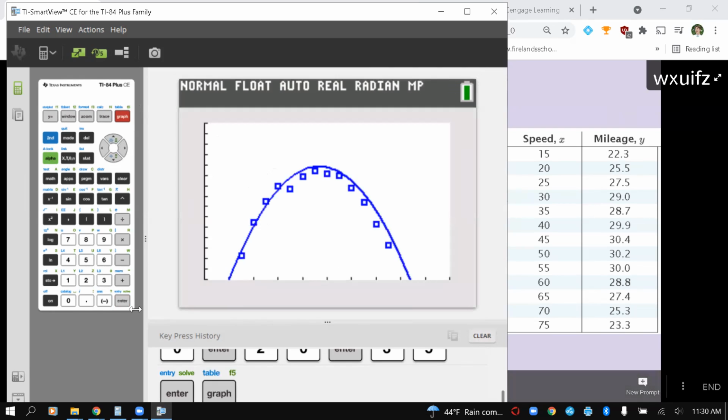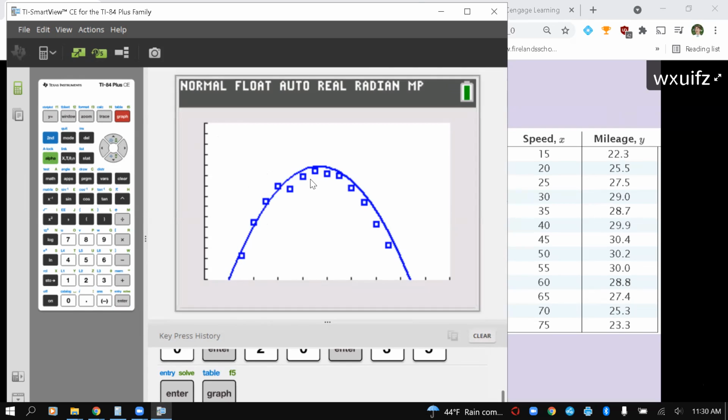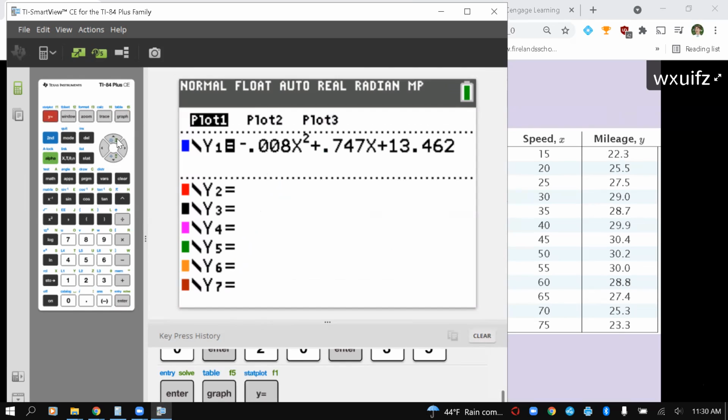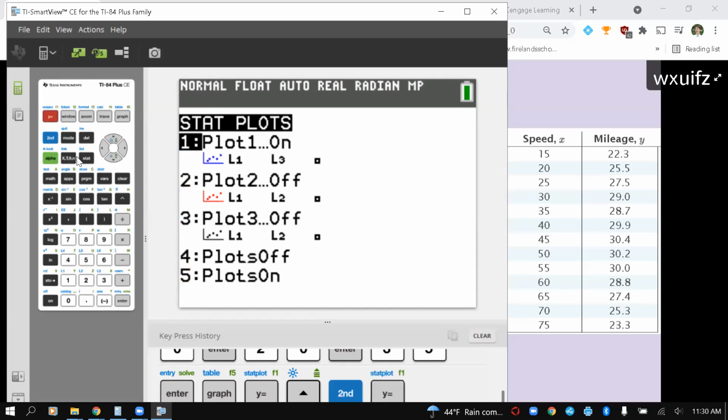This is what I decided to do. Graph. Look at that. See that? If you hit Y equals, you can't go up and turn on Plot 1? No, just hit second Y equals. Second Y equals will let you do it manually, and if you have the nicer calculators, you can tell it all sorts of stuff.